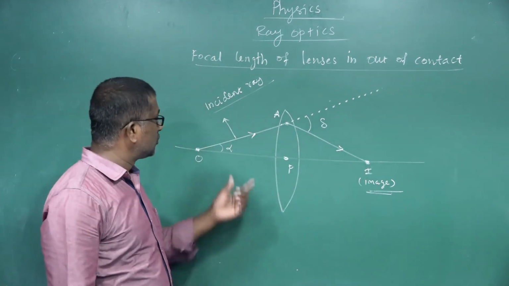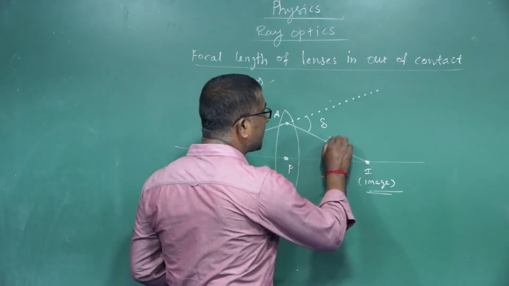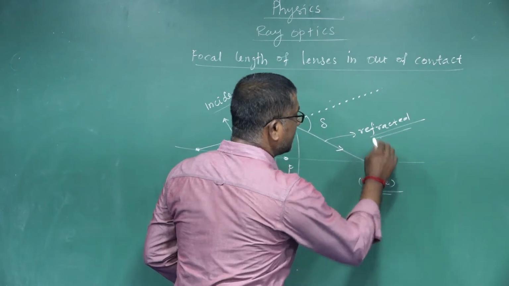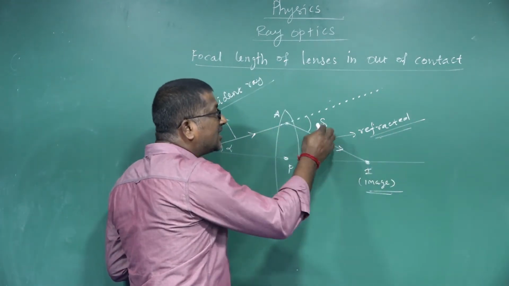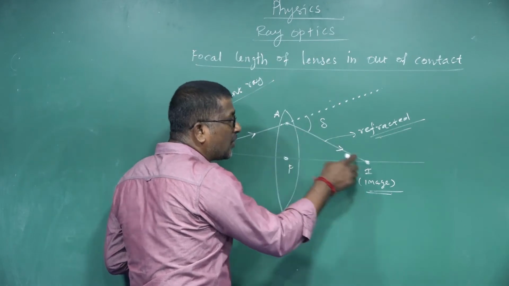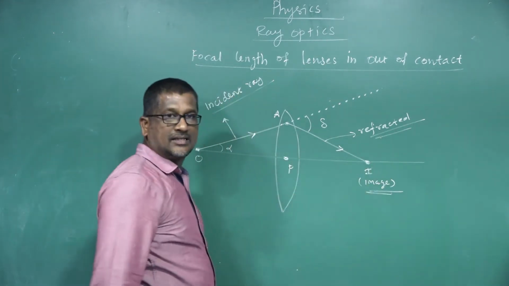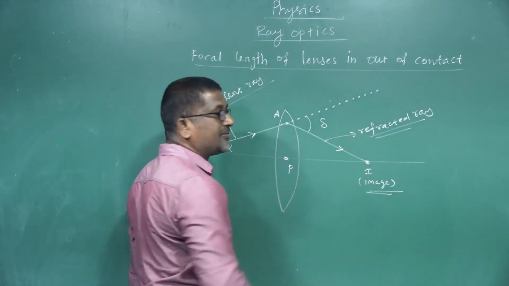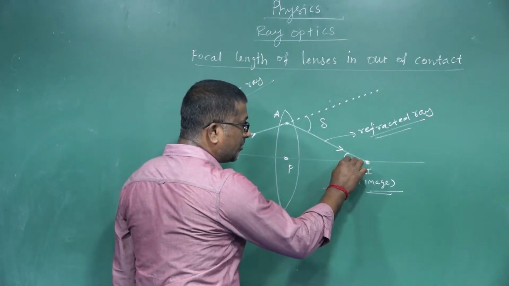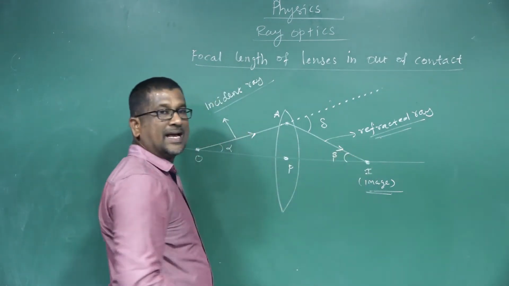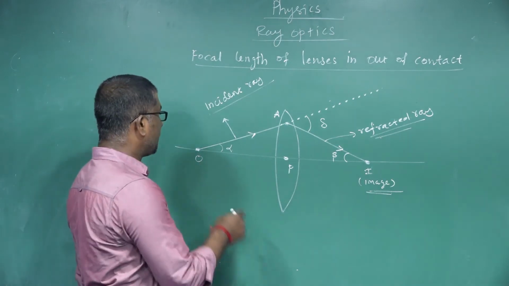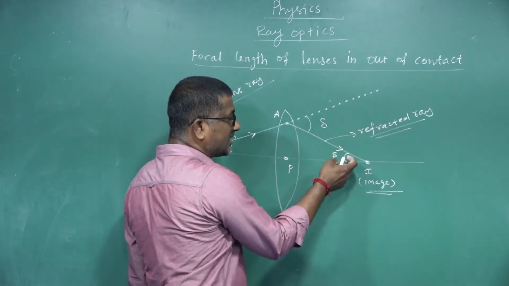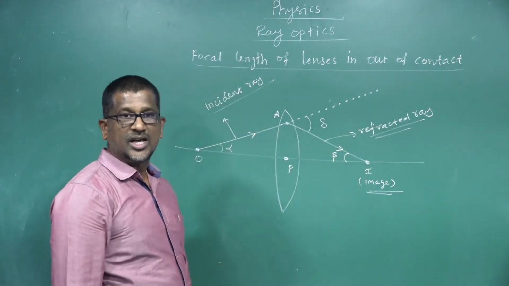So this is the incident ray and this is the refracted ray. Here AI is called the refracted ray. This refracted ray makes an angle of beta with the principal axis, whereas the incident ray makes an angle of alpha with the principal axis.